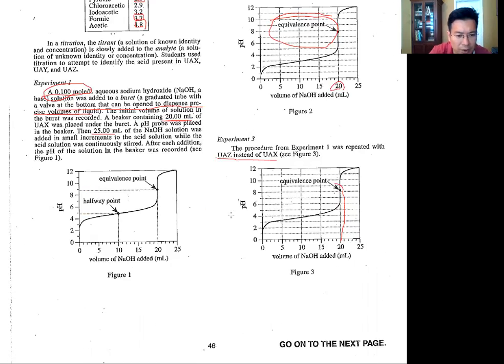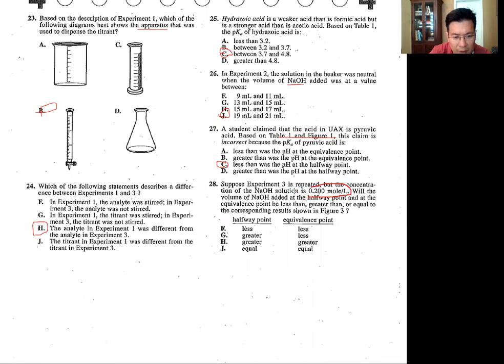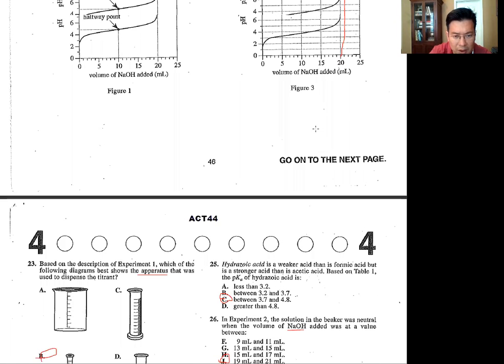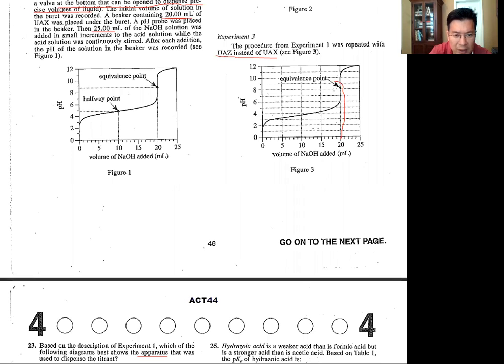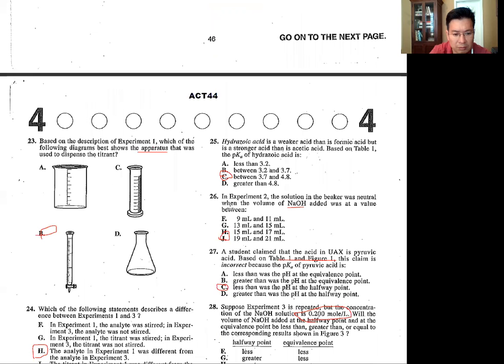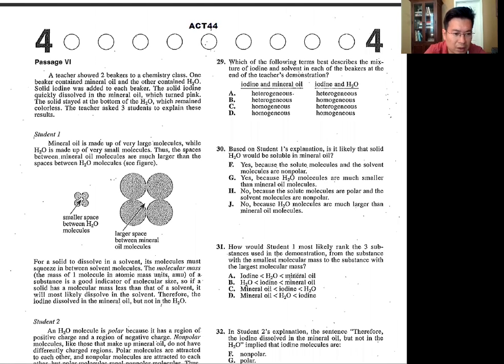So 0.2 means double of this one, right? You have to double it up, and that means we have more volume added. So instead of here, the equivalence point has to be closer, I guess. So both of them less, because you're putting more, so it actually reacts better and then faster, I guess. Move on to the next one.